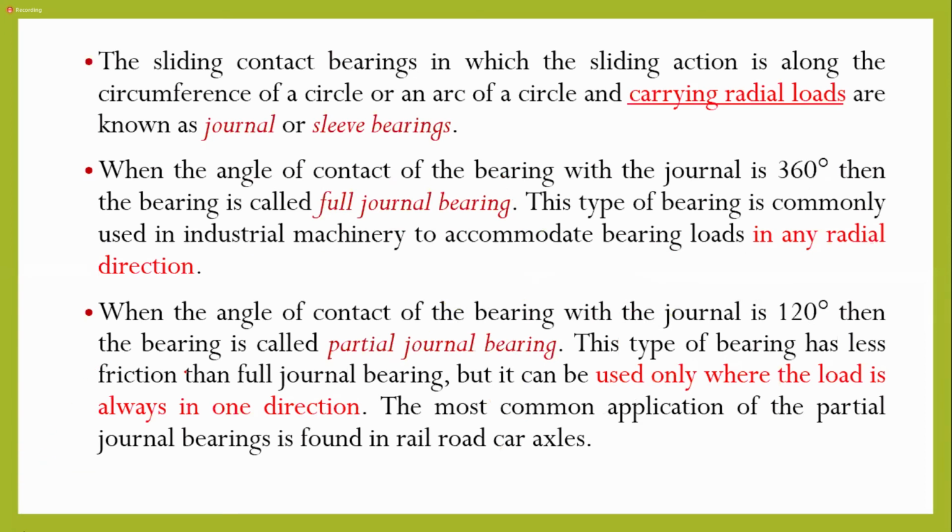When the angle of contact of the bearing with the journal is 120 degrees, let us suppose this is a bearing and this is a shaft. At some point of time it is somewhere here, but not on the top.